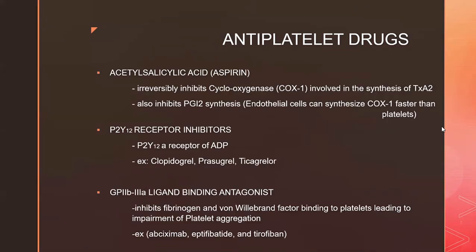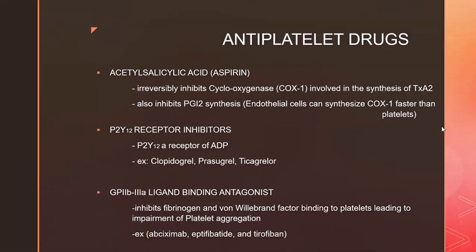I guess some of your parents meron nagtitake nito, or some of you baka meron nang nagtitake nito. Any heart conditions or brain conditions na mga sugat, mga micro wounds na kailangan hindi ng platelet aggregation, nagtitake ng clopidogrel. Common to sa clinical aspect natin, as well as your aspirin.